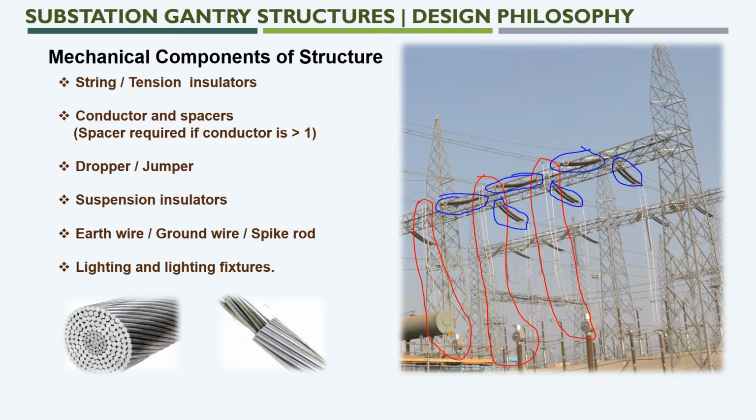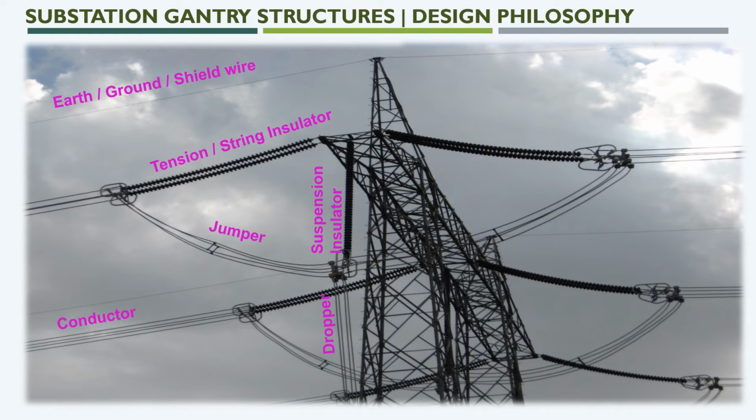So we can see another picture illustrating these mechanical components. Here from the top in this picture, this is the earth or ground wire or shield wire. This part is a tension or string insulator.